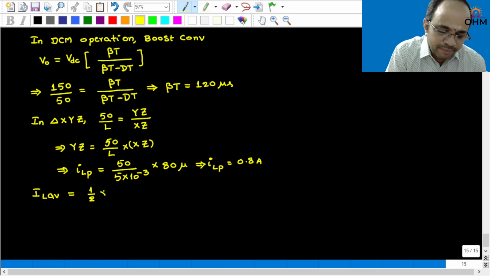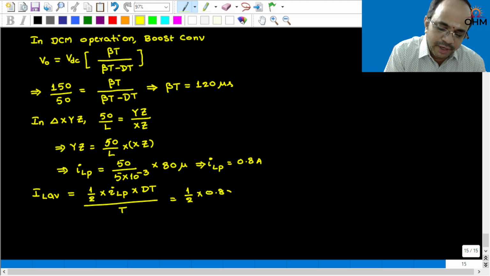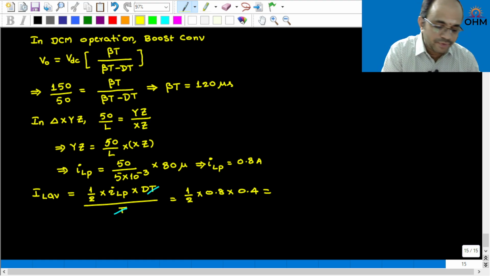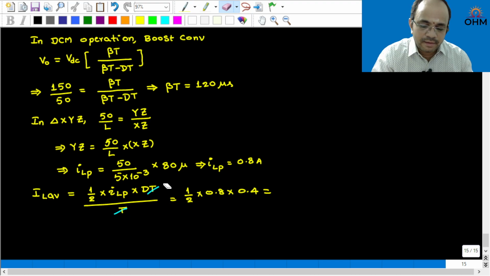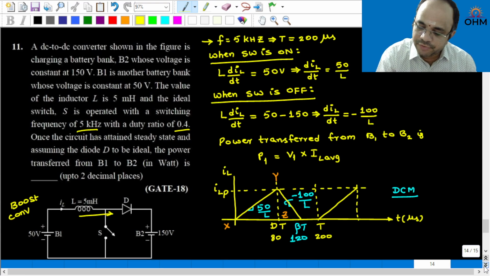Average value of inductor current means area of the triangle, half into height into base, divided by T. So this will give you 1 by 2 into 0.8 into... I'm sorry, you have to take beta t here. The base of the triangle is beta t, right?